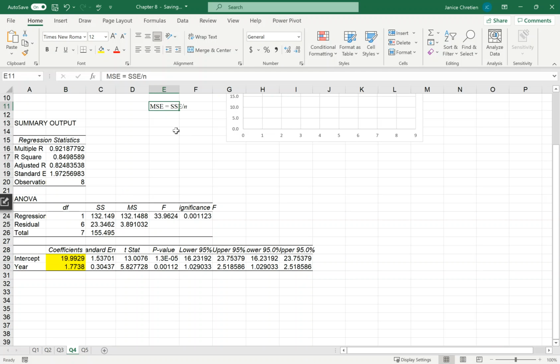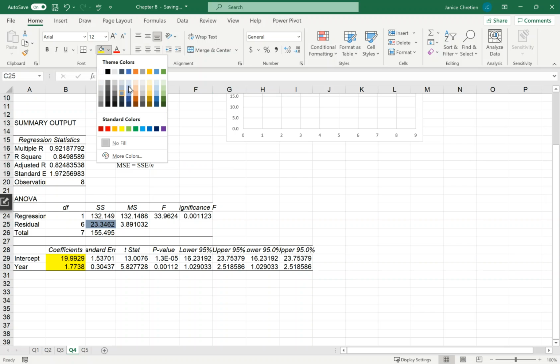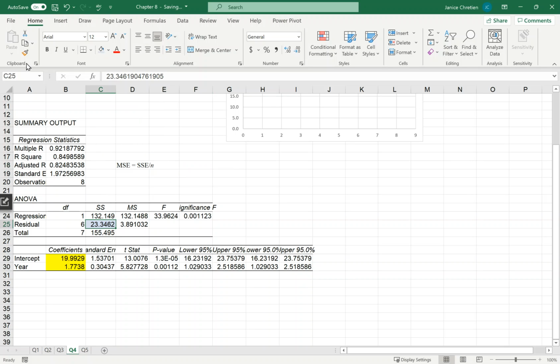And to get MSE, I simply take my sum of square error divided by my n. My sum of square error is sum of squares. This is sum of squares. My residual would be my error. My observations would be my n.